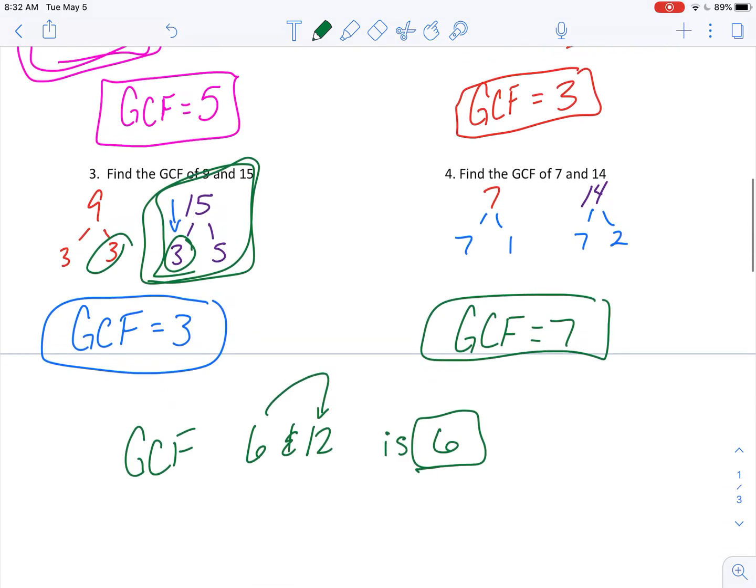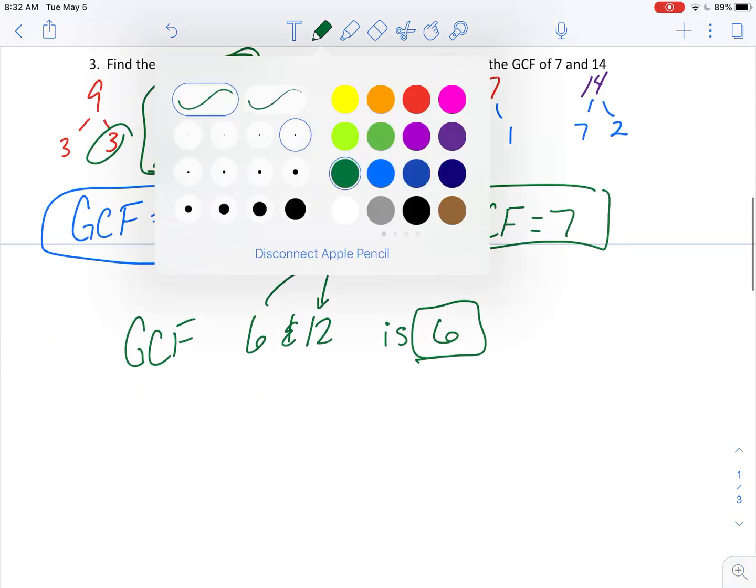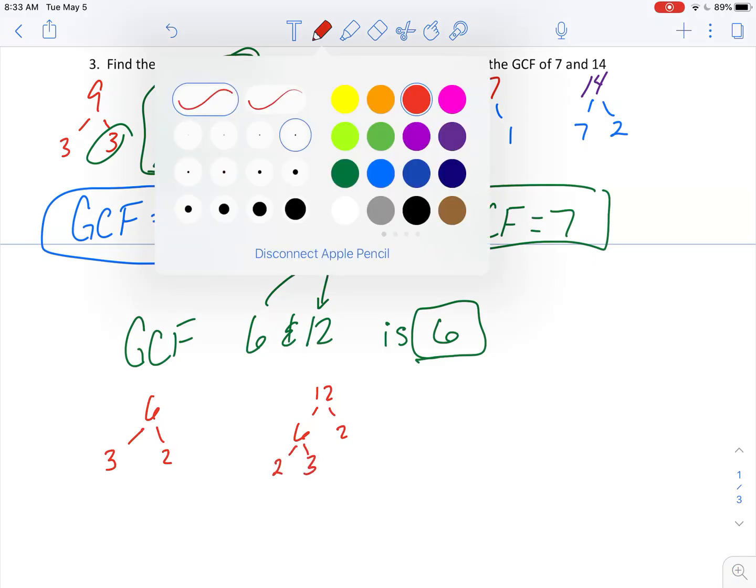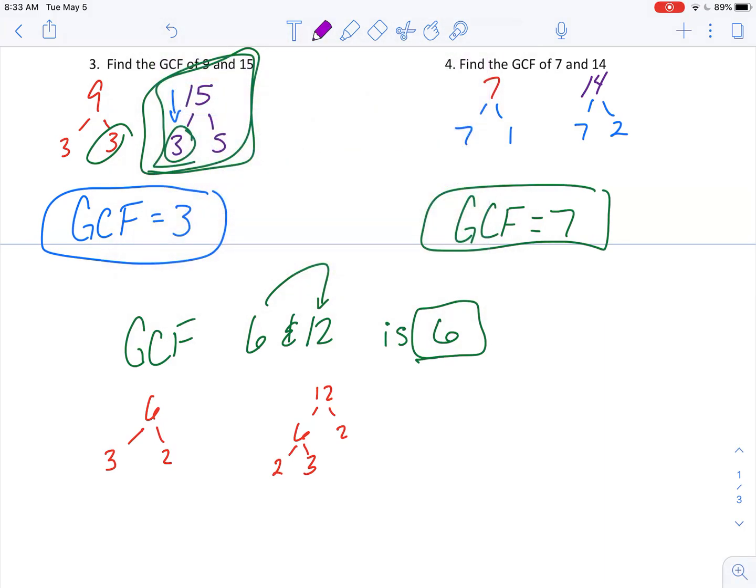And we could do our method of breaking this down. Well, this would be 3 times 2, and the 12 would be, let's see, 6 and 2 and 2 and 3. So if I really wanted to break these down, I'm going to look at what they have in common.